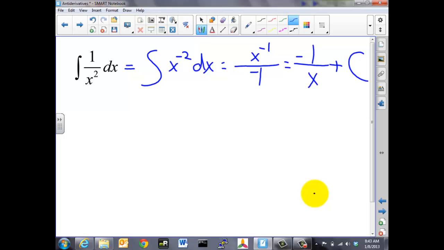Negative 1 over x plus a constant number c. Can anybody get there? Anybody got questions about what I did?